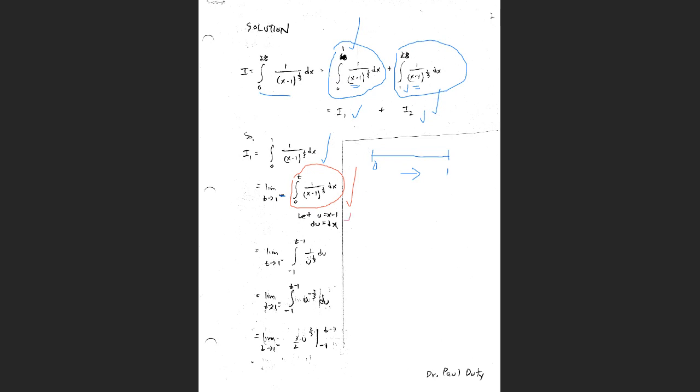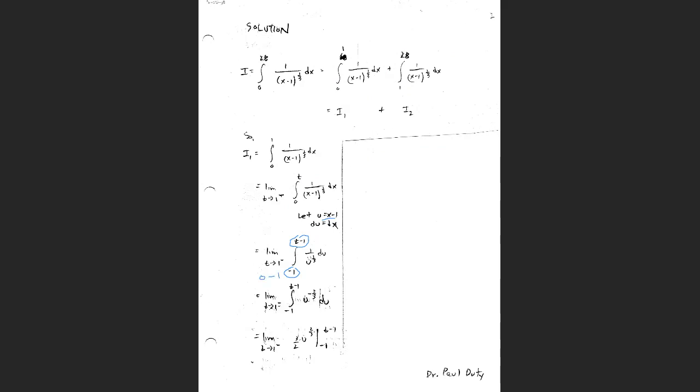Well, u equals x minus 1, du equals dx. So the limits then change, of course, since I'm doing a u substitution here. The top limit becomes t minus 1 because u equals x minus 1, and the bottom limit becomes negative 1 because negative 1 is 0 minus 1, right?